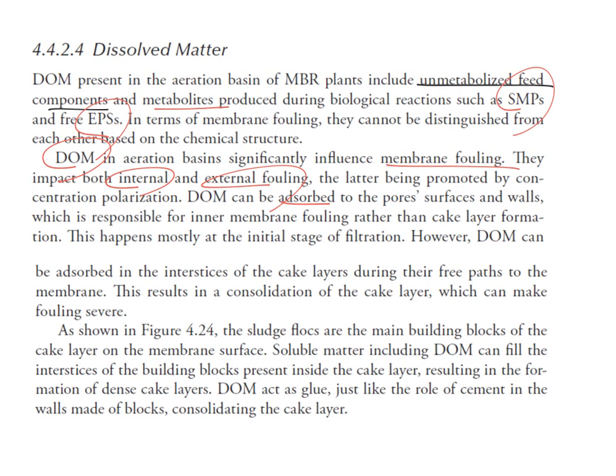But it can also be adsorbed in the cake layer during their passage through this cake layer. This actually leads to consolidation of the cake layer, which makes fouling more severe.